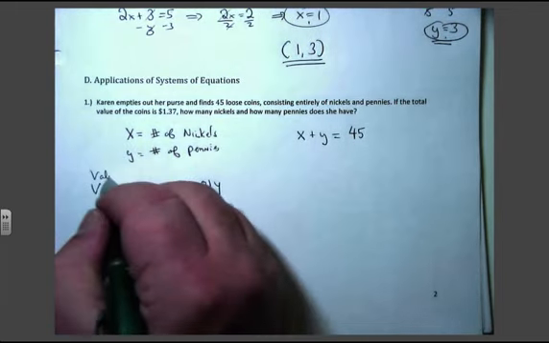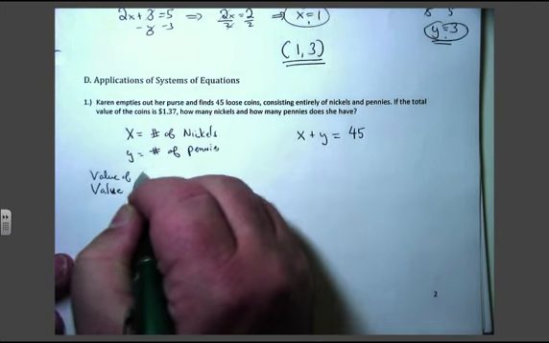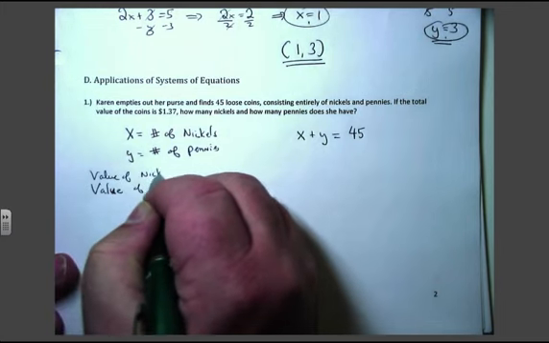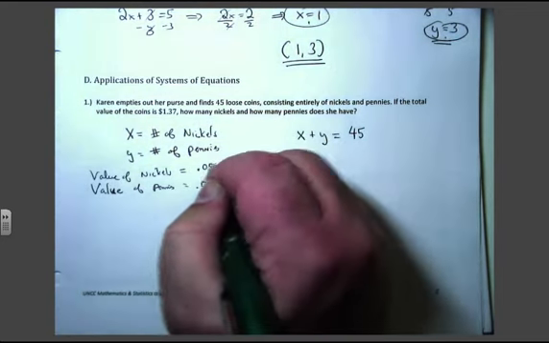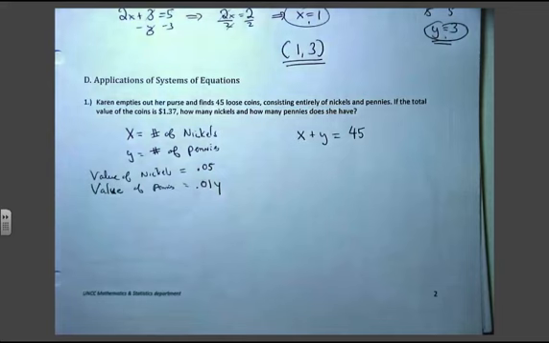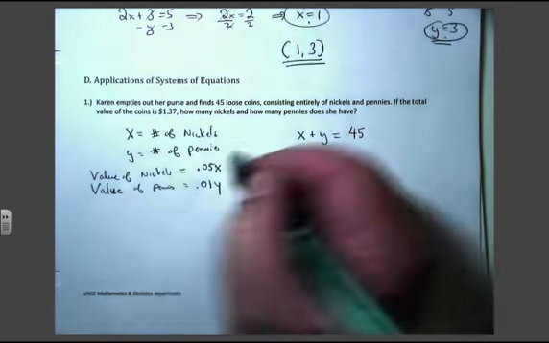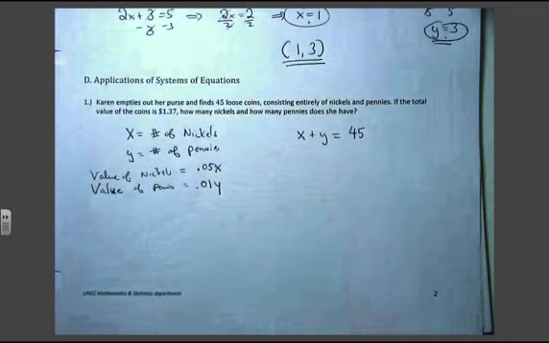The value of the nickels, how much is a nickel worth? 0.05. Right? 5 cents for every nickel that I have. How many nickels do I have? X number of nickels. So if I take 0.05 and multiply by my x nickels, that's how much money I got there. And if I take 0.01, multiply it times y, that'll tell how much money I have in pennies.